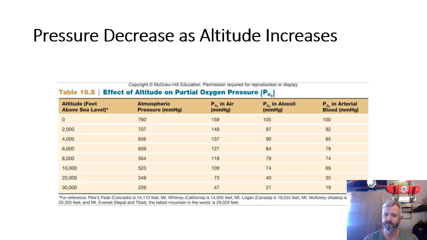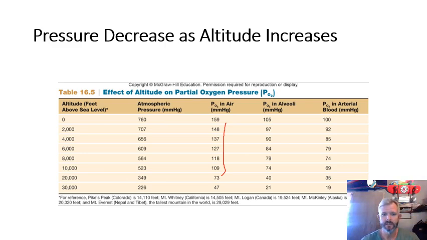So when we're at sea level, we have a higher partial pressure, and say this is the level of oxygen in our blood, there's a bigger gradient. But as we move up in elevation, the partial pressure goes down, and therefore the gradient, the difference between oxygen in the blood and oxygen that's reaching the alveoli, isn't as great, and so we don't have as much diffusion of oxygen, and that's why it's harder to breathe at these higher altitudes.